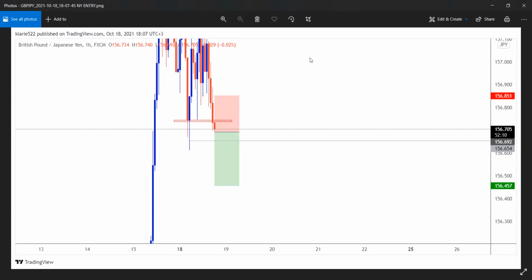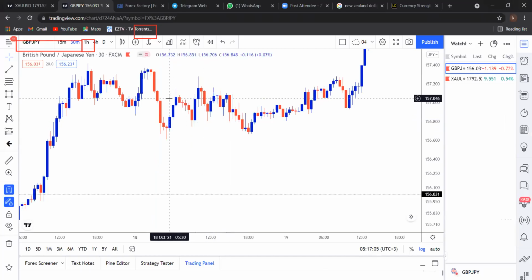So as you can see on this screen, the trade was a GBP JPY. This was on a 1 hour time frame, and it was at 6:07. Tukikuja hapa kwa trading view, tuende hapa 7:30.